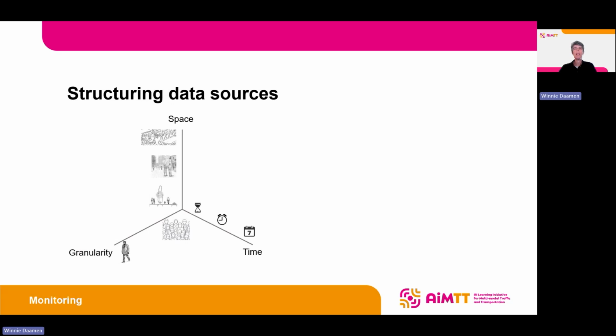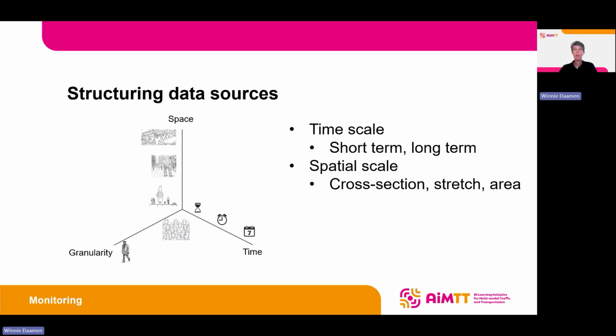To further distinguish the data streams, we structure data along 3 dimensions: time, space, and granularity. Time can be short-term or long-term. During events, we mostly focus on short-term changes, but some contextual inputs are set for the longer term, such as where people come from. The second dimension, space, can be a single cross-section, a stretch of a route, or an entire village, ranging from very local observations to observations covering a larger area.